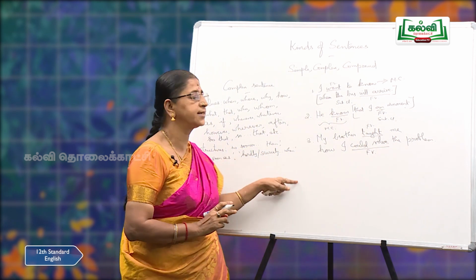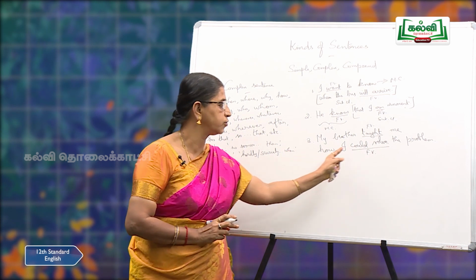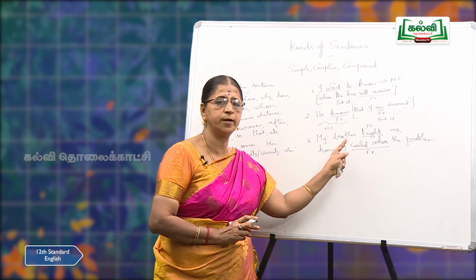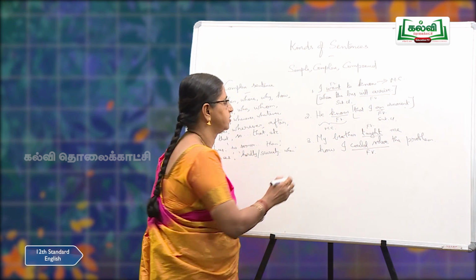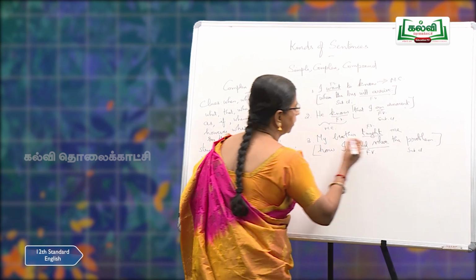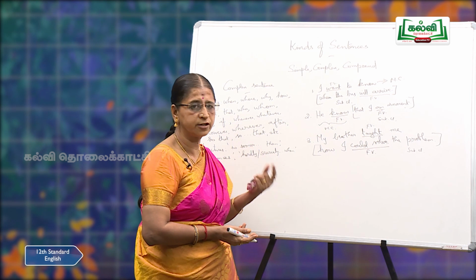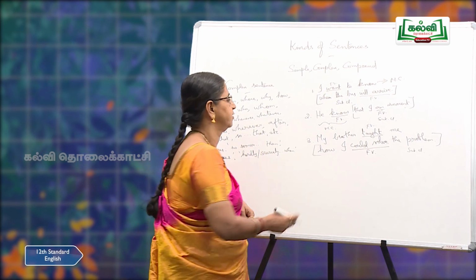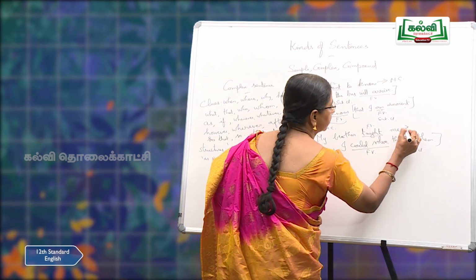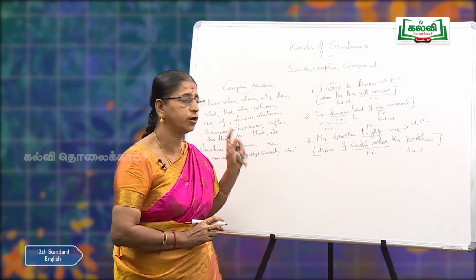So it is certain that there are 2 clauses, with the clause marker how. What follows how? I could solve the problem. These words follow how. So this is your subordinate clause. My brother taught me. My brother spoke to me. My brother met me. All these are independent clauses which give complete meaning on their own. So that is your main clause.